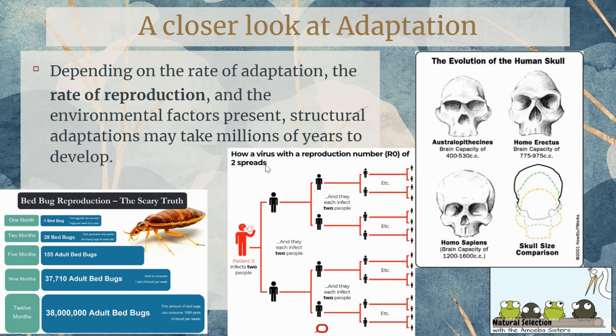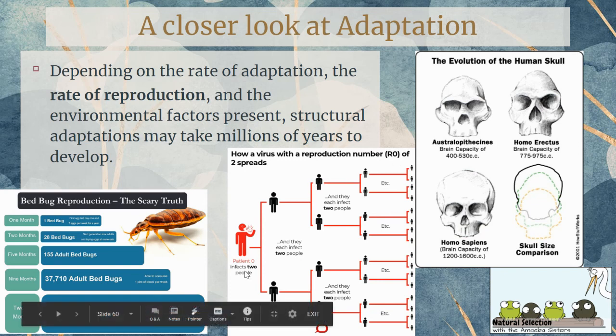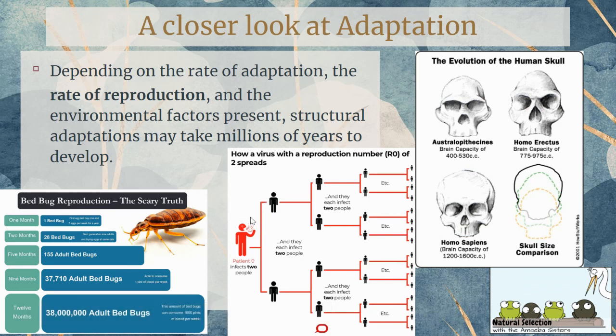Something I did want to point out to you, just because of it being relevant in news right now, is virus reproduction in terms of its R0 factor. You may have heard this in the news. That's not what R0 stands for, but it's the rate of infection. So if patient zero here infects 2 people, this would be an R0 of 2.